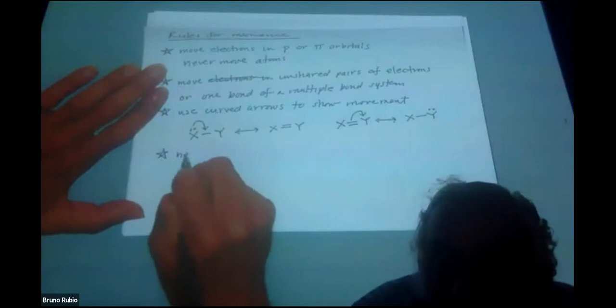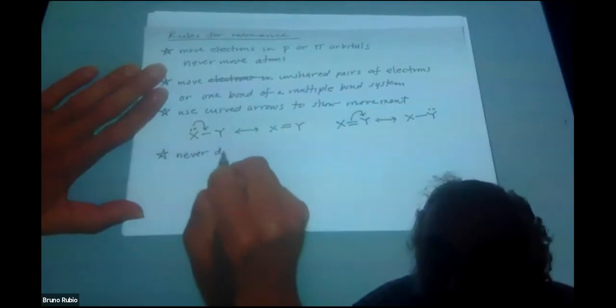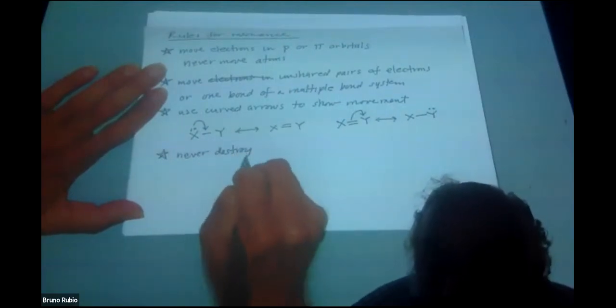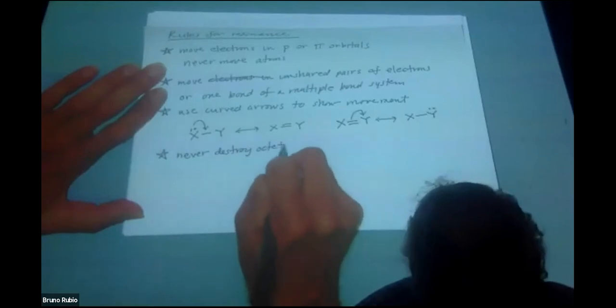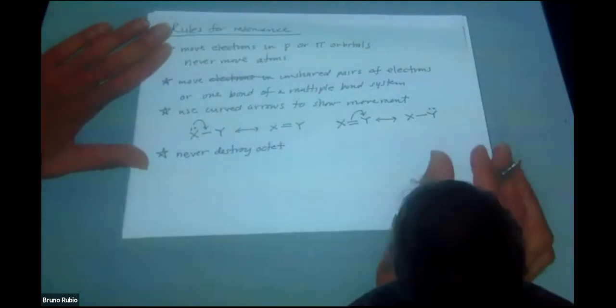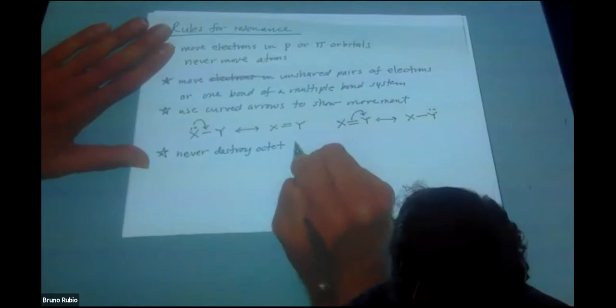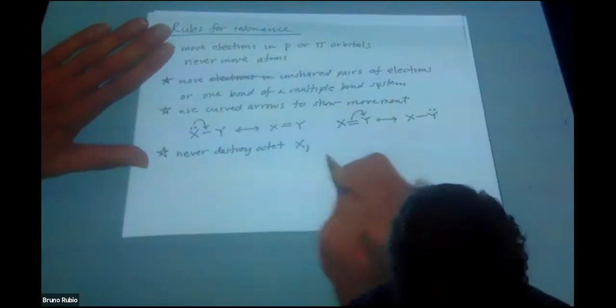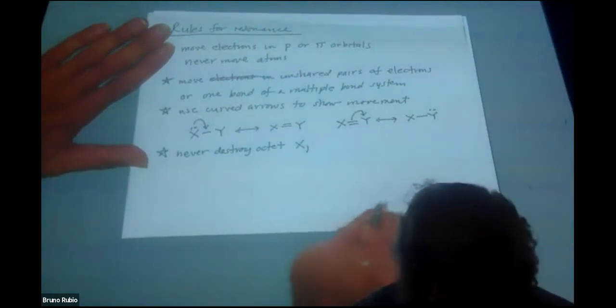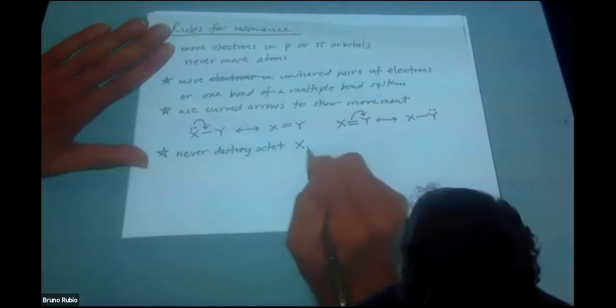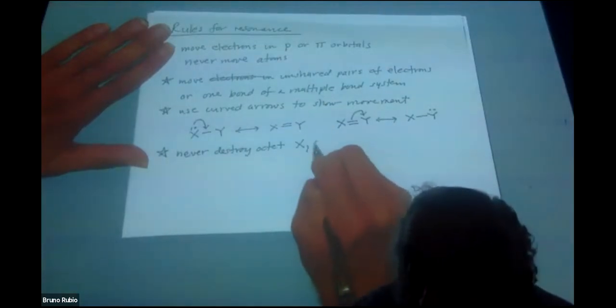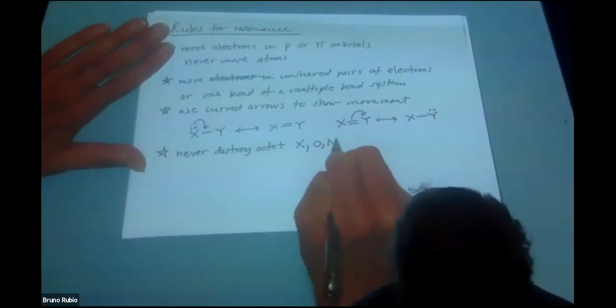You never destroy the octet of the most electronegative elements. The halogens, remember X is just the generic term for halogen. Never destroy the octet of a halogen, of an oxygen, or of a nitrogen, right?